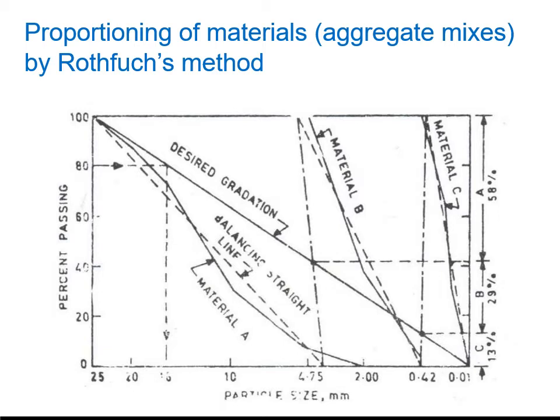Similarly for material B, this continuous line is the actual gradation, but we are plotting this dotted line, which is the balancing line for that particular gradation, right?